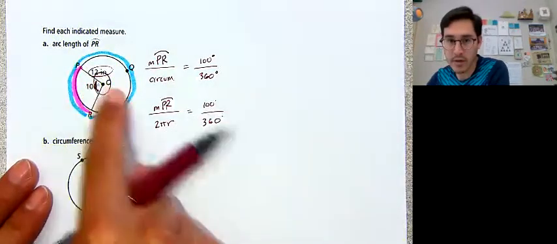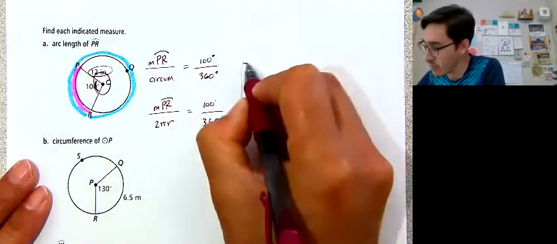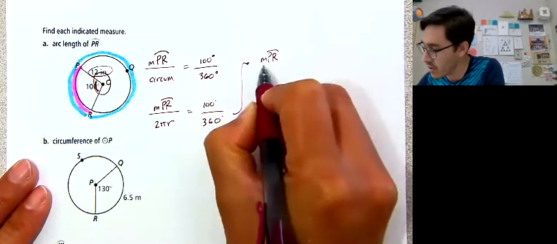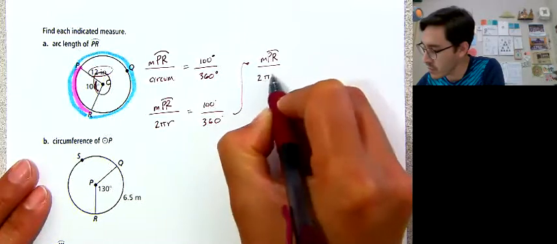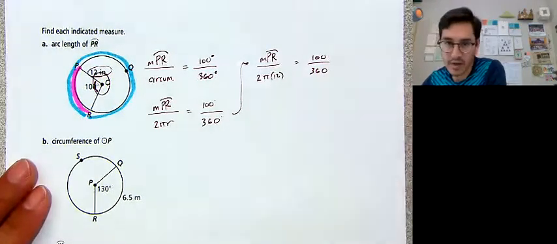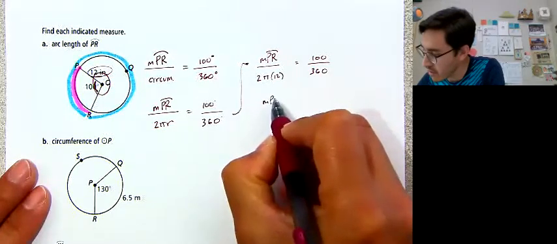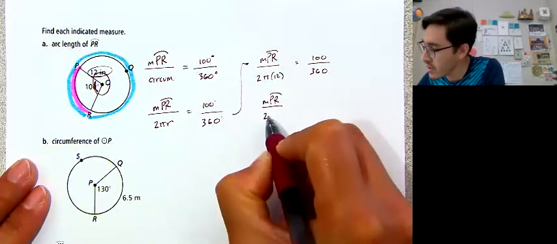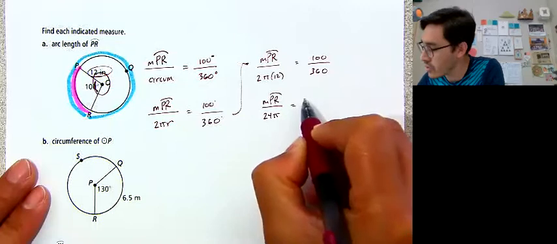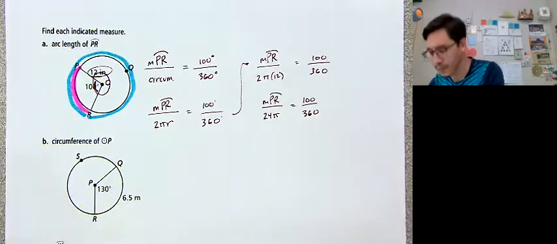If we substitute 12 for the radius, we have the measure of the arc PR divided by 2 times pi times 12 is equal to 100 over 360. And 2 and 12 gives us a product of 24. So the measure of arc PR is a fraction of the circumference, 24 pi, which is proportional to the central angles, 100 over 360.